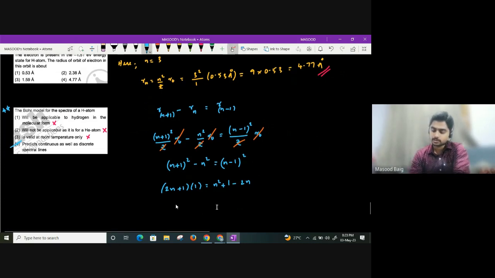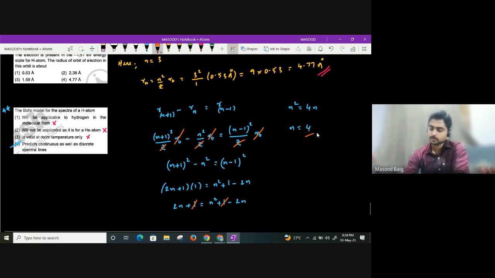It is (a plus b) into (a minus b). If you do, n and n will get cancelled. So 2n plus 1 will be n square plus 1 minus 2n. Again we can cancel out 1 and 1. So n square I'll get as 4n. The n value will be equal to 4.